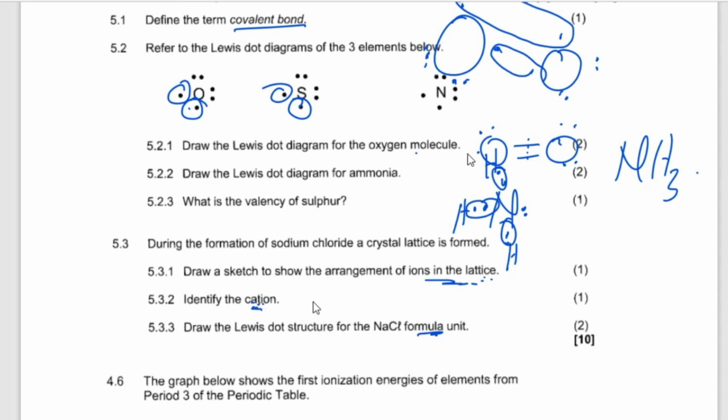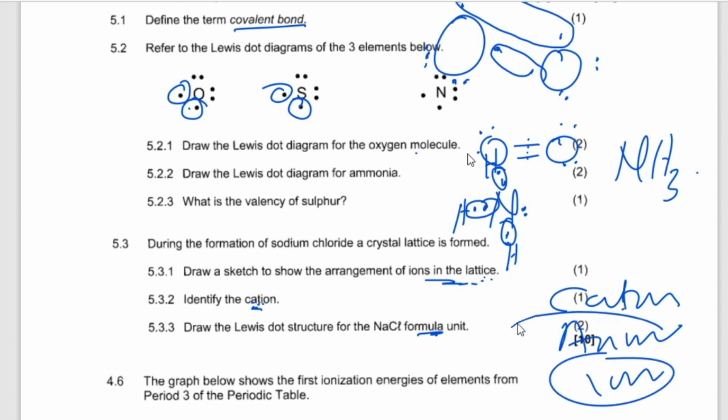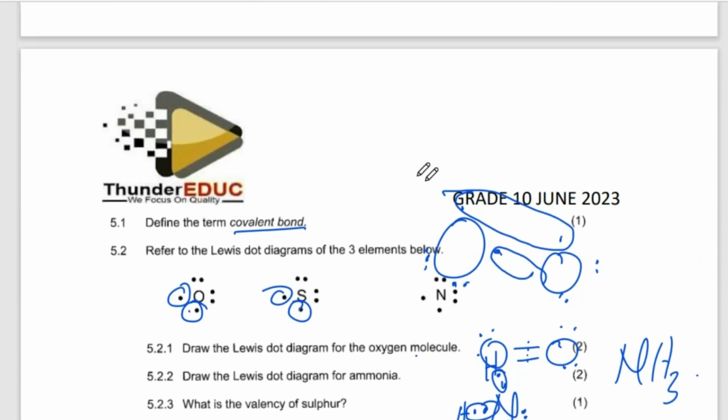So cation means a positively charged ion, anion means a negatively charged ion, and then ion is a charged particle. Remember, it can be cation, anion, and then ion. Charged particle, negatively charged, positively charged. So you must know that. I think that is it.